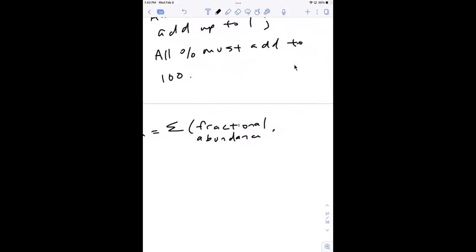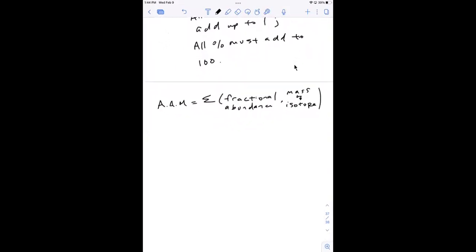What's the second term in that product? It's the fractional abundance times the mass of the isotope. So we know the mass, we just need to find the fractional abundance.